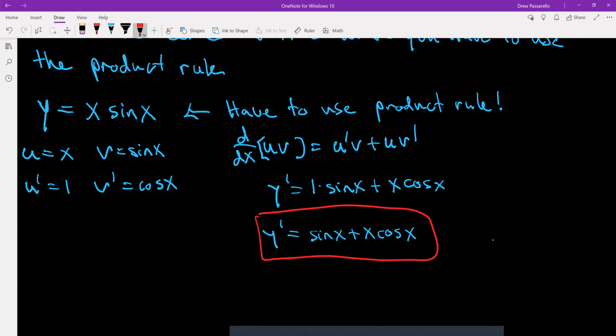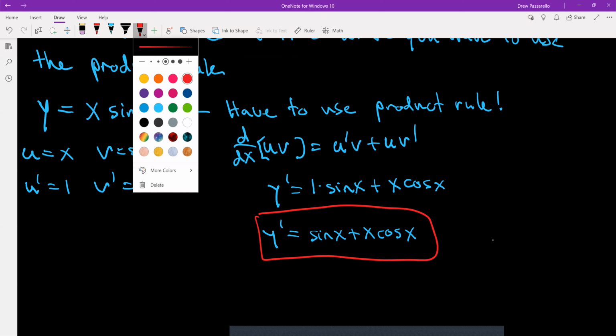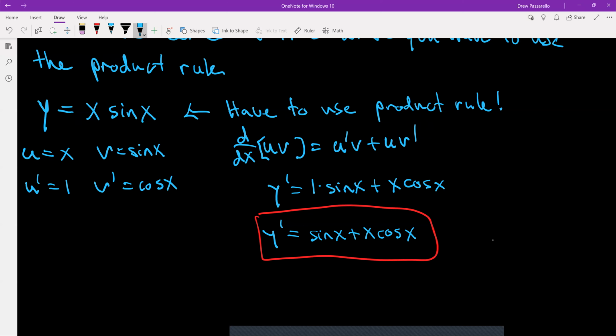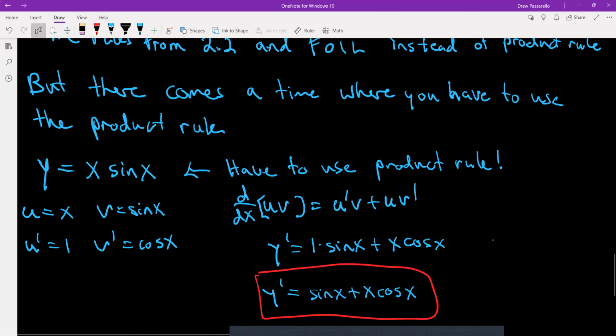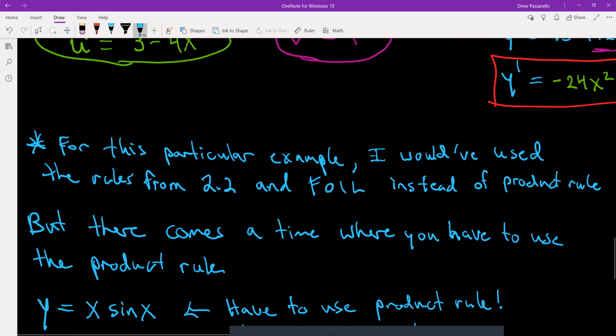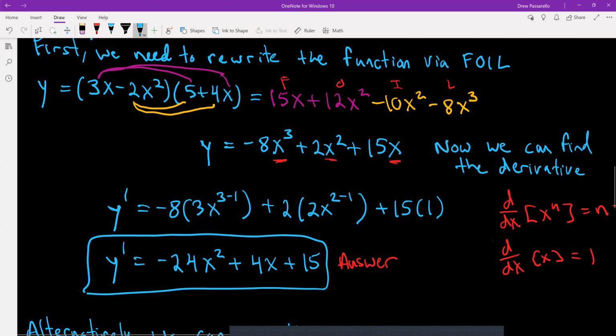All right, so hopefully that made sense, how I'm applying the rule. Now the rest of this is just going over example after example, demonstrating the product rule and quotient rule. I'll first go through some with the product rule and then some with the quotient rule. Now this was one where I had to use the product rule because of the sine x, whereas in the previous example I showed two ways to do it.